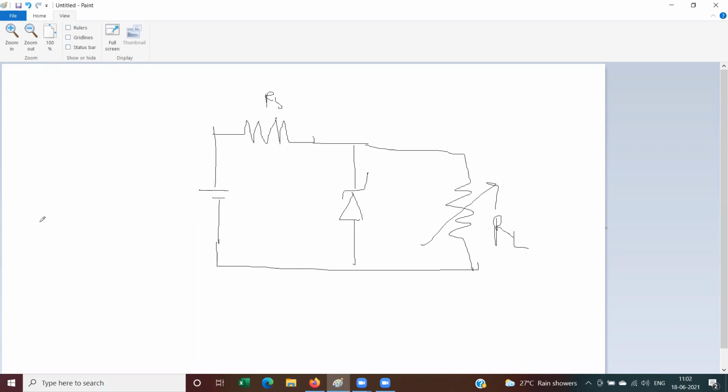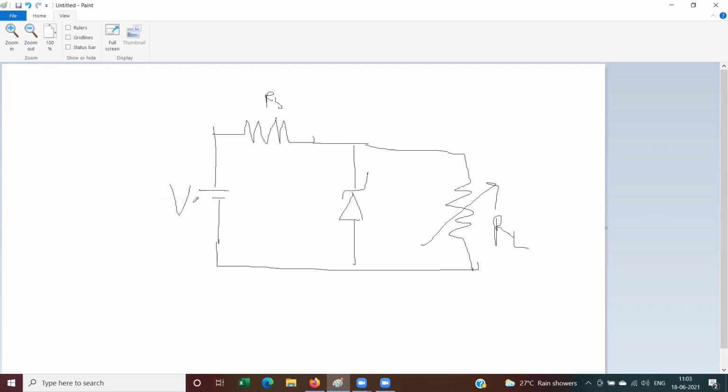What happens when RL is very low? If RL is low, then what is VRL?